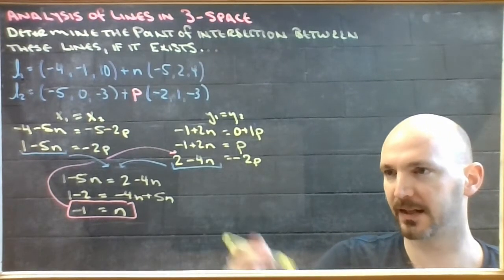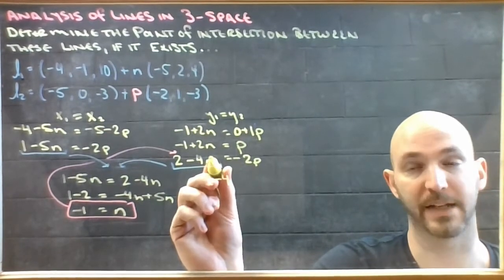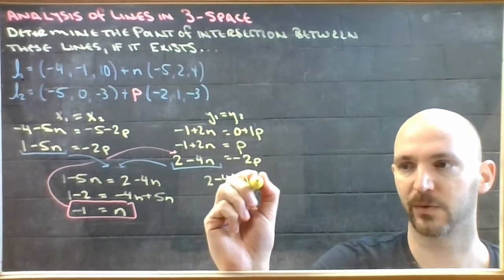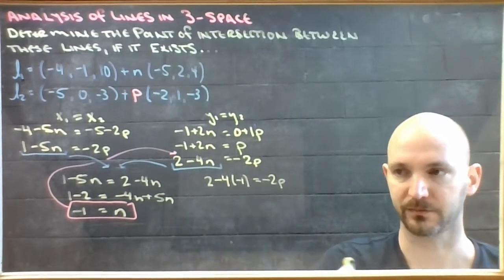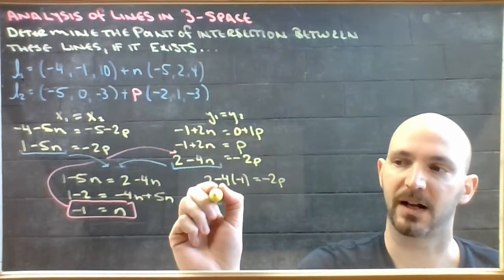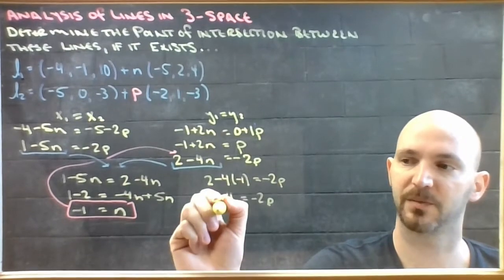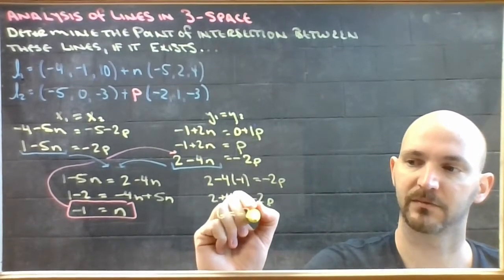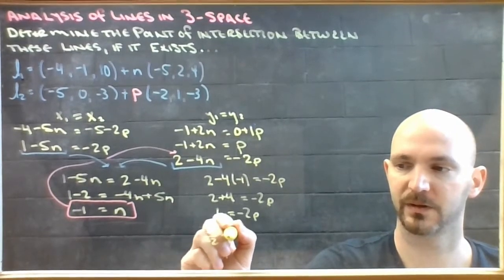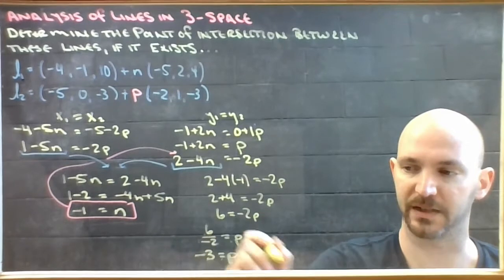If I drop that in there, 2 minus 4, I know the value of n now is -1, equals -2p. -4 times -1 is +4, and 2 plus 4 is 6. 6 divided by -2 gives me -3 as my value for p.